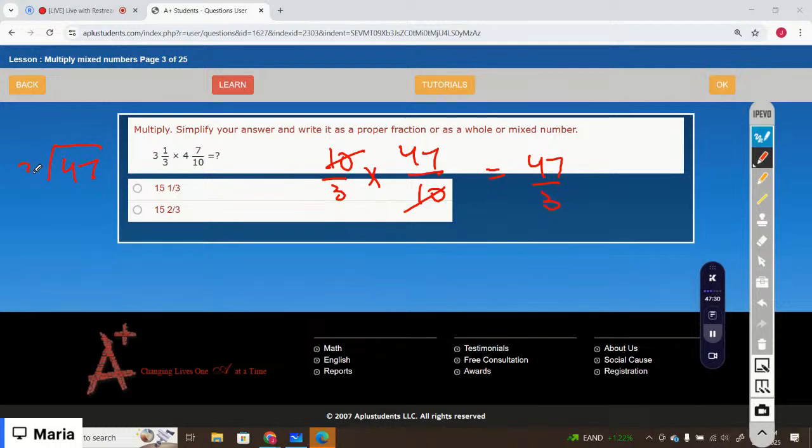So just divide and write the answer in the mixed fraction form. 3 times 1 is 3. 3 times 5 is 15. We have 2 remainder. So that is 15 whole 2 over 3. Option number 2 is the correct option.